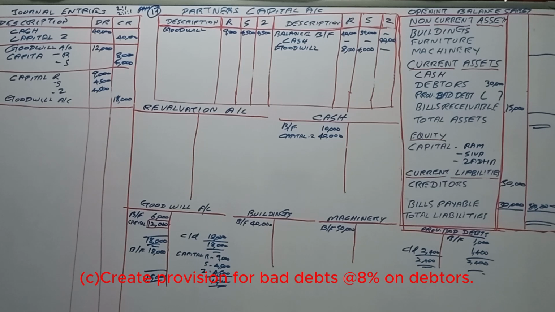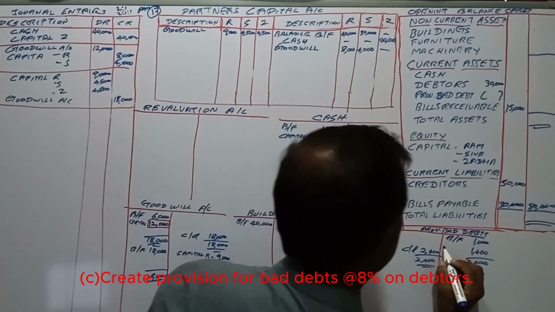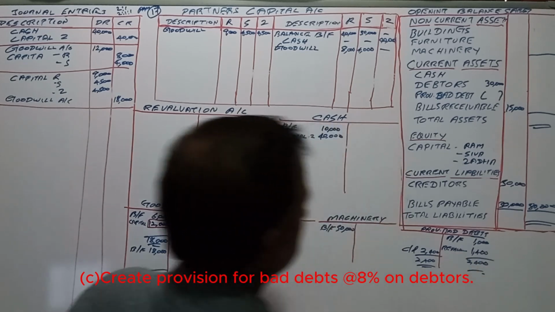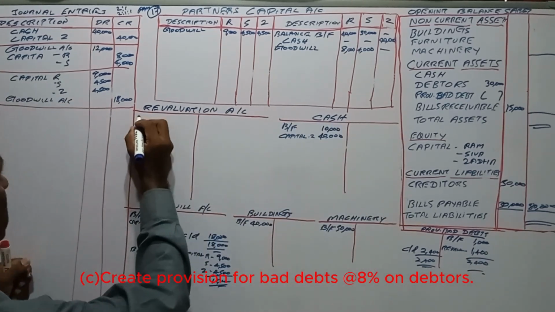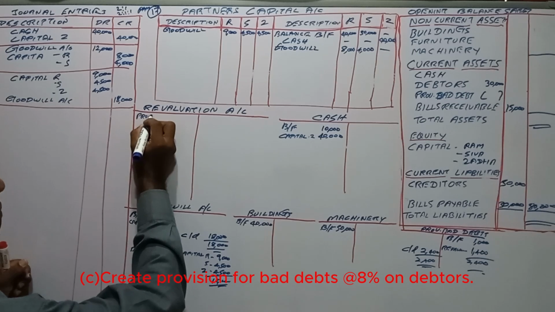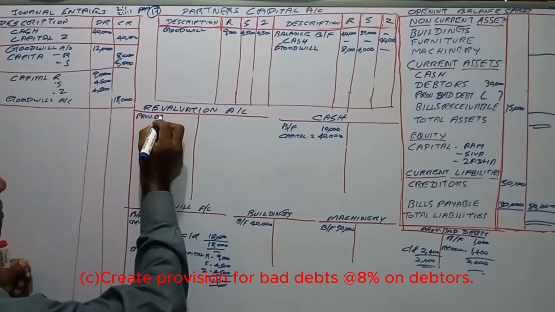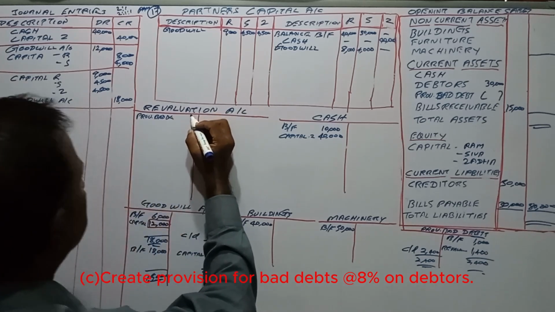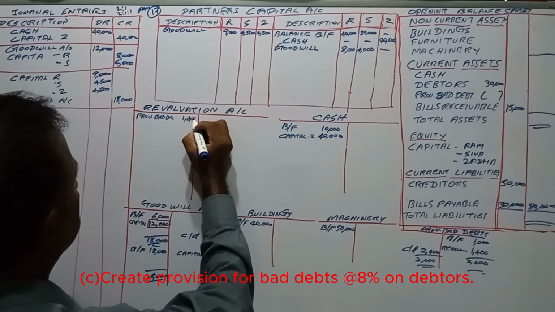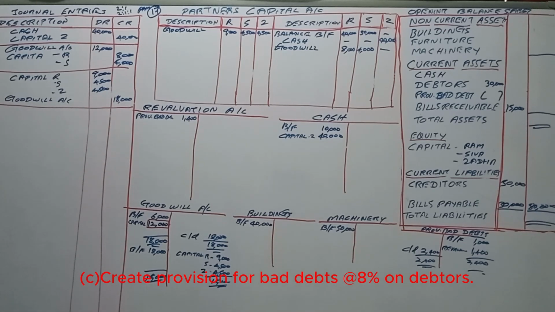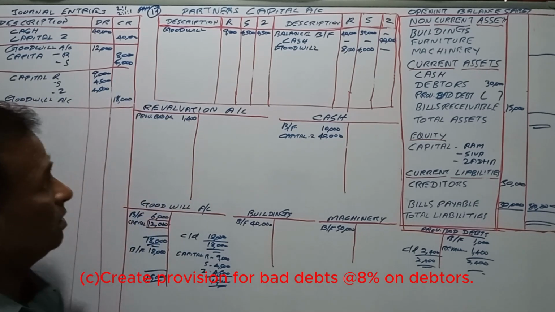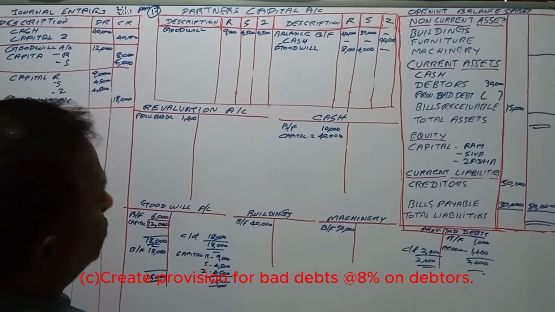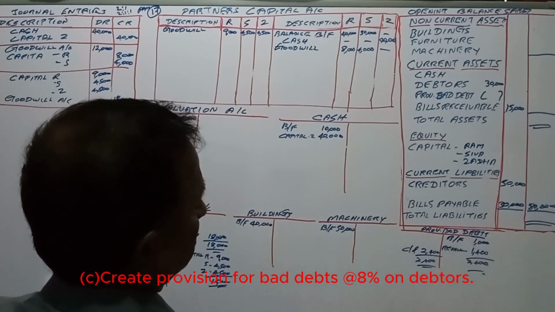Then we have to say revaluation account, provision for bad debts, 1,400. Right? Finished. And the other one will go to creditor.